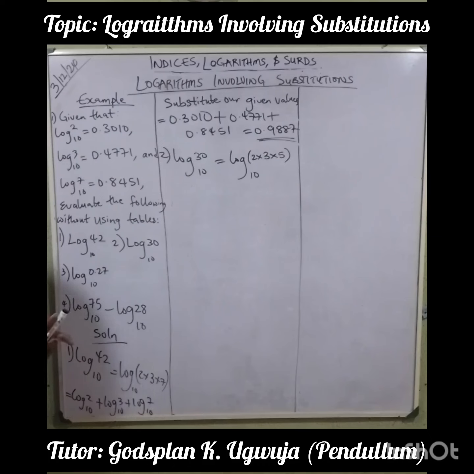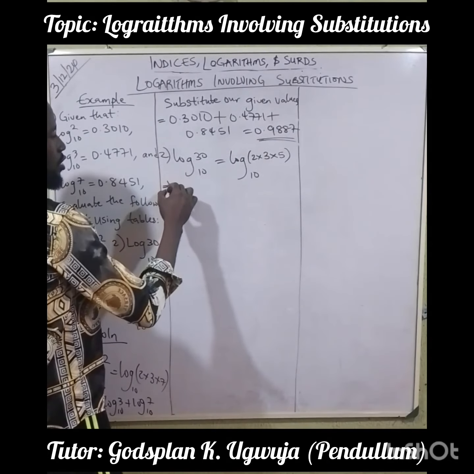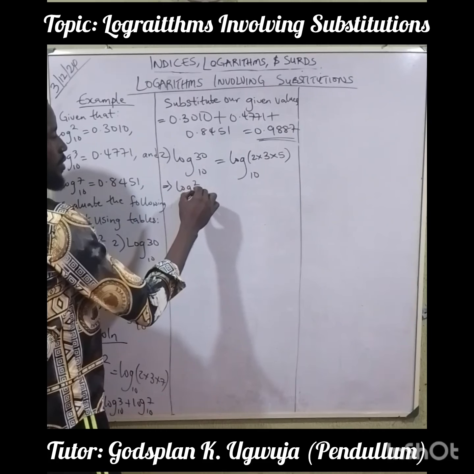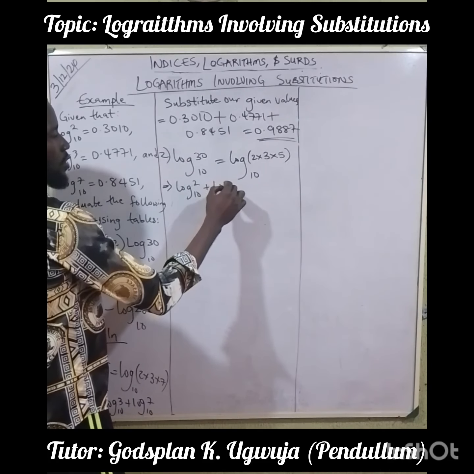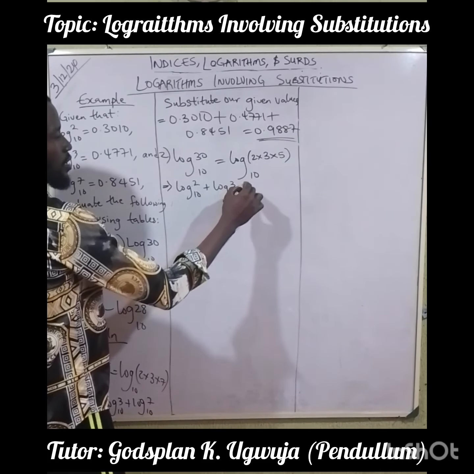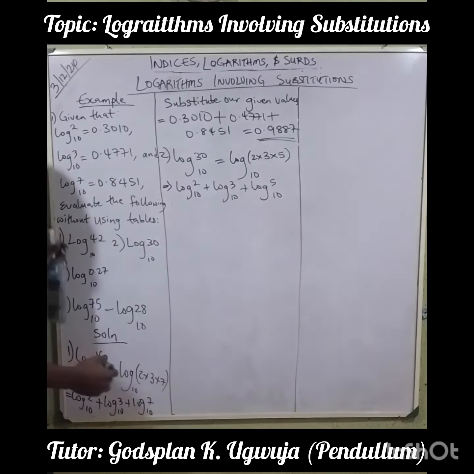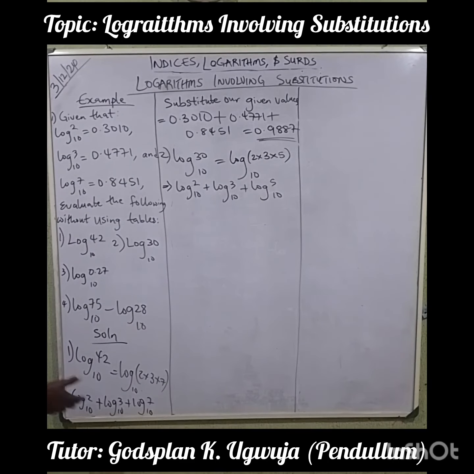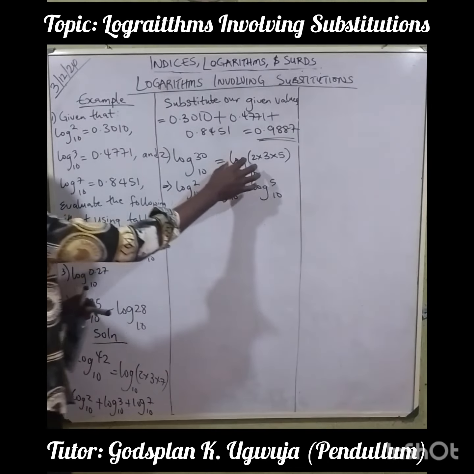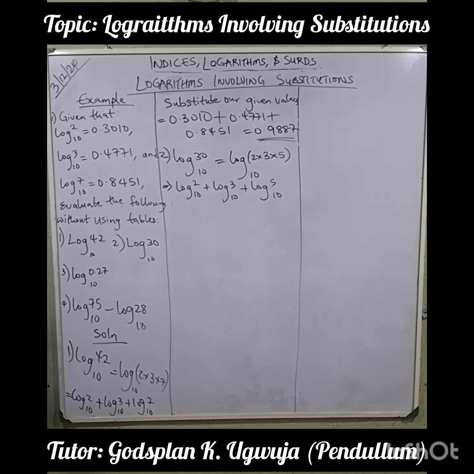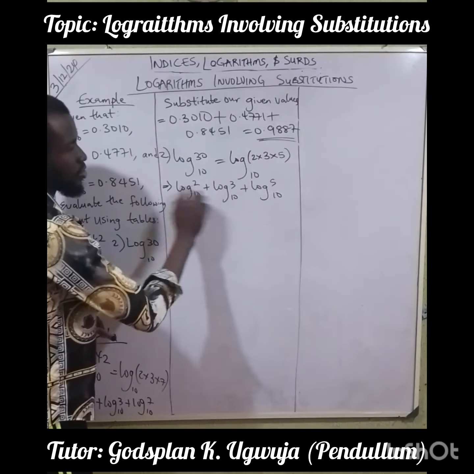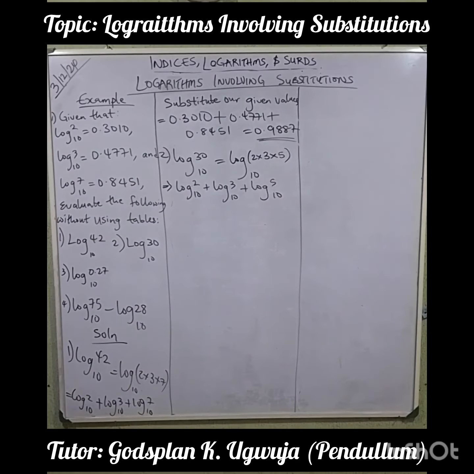Okay, I've not changed anything. This is still log 30. So now I can break this down into log 2 base 10 plus log 3 base 10 plus log 5 base 10. Just like here, we can from here come here. Because of the multiplication, we can change it to addition and separate out the logarithms.